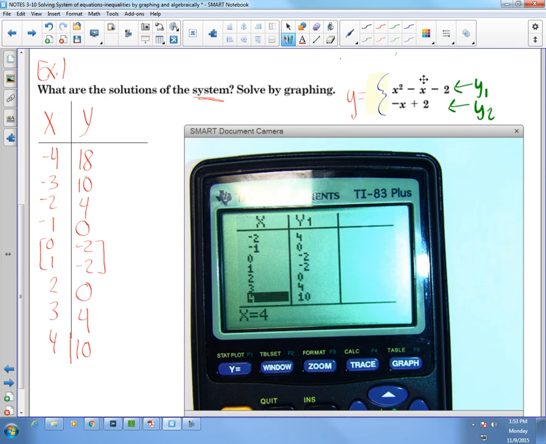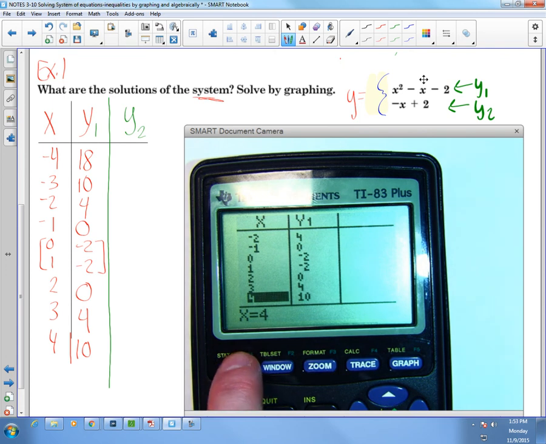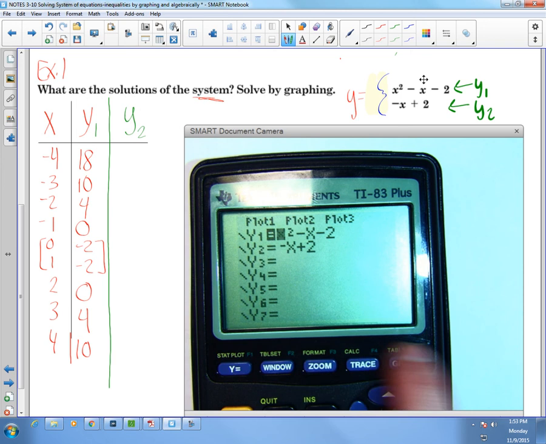So I'm going to do another column on my same chart in a different color, so I'm color-coded. The first one was y1, the second one in a different color is going to be y2. So we've already typed it in, we just need to go select it. So if you go back to the y equals button on your calculator, hit y equals, how do I unselect y1 and re-select y2?